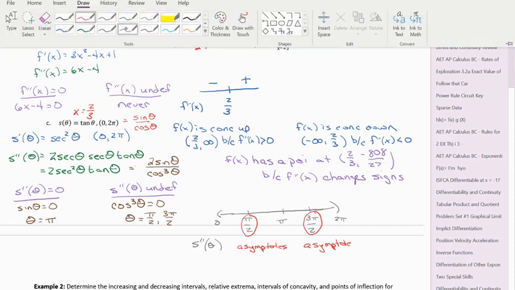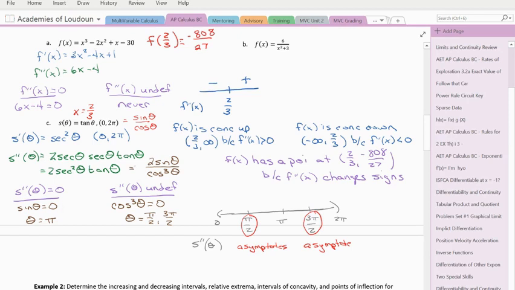So now as we go on through, if we look at s double prime of theta, we know that we're going to have a positive function when theta is between 0 and pi over 2. So that means my function is concave up. Between pi over 2 and pi will be concave down.